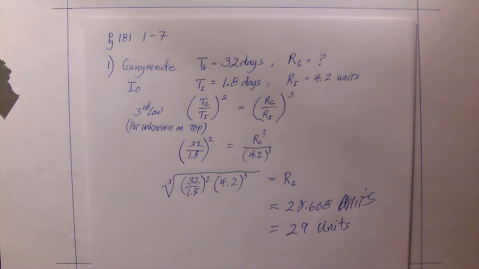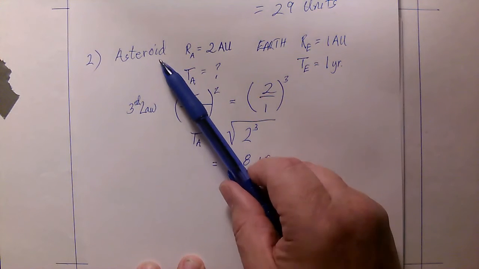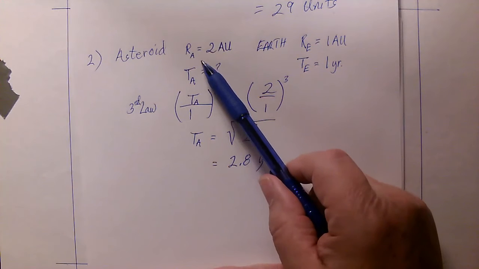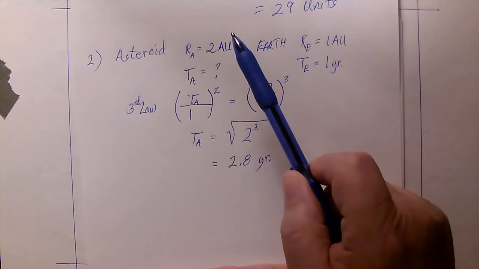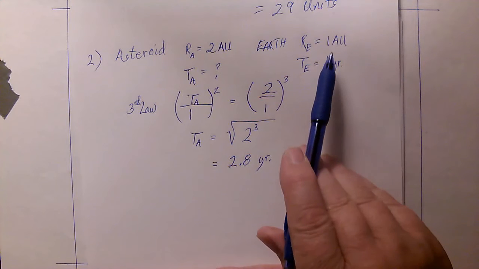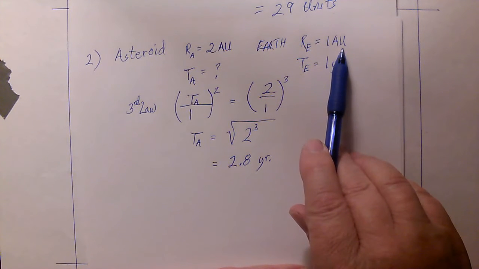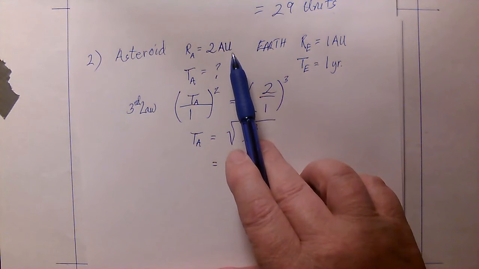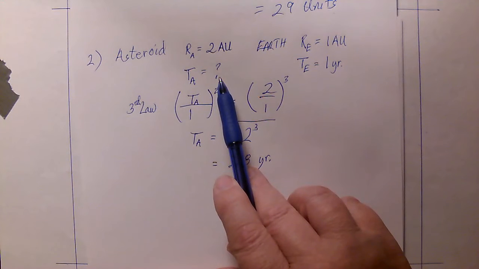Okay, pause again. Alright, for the second problem, we have an asteroid that has an orbital radius twice that of Earth. Now, Earth's radius is commonly called 1 astronomical unit, 1 AU. So this would be 2 AU. We don't know its period, so that's a question mark.